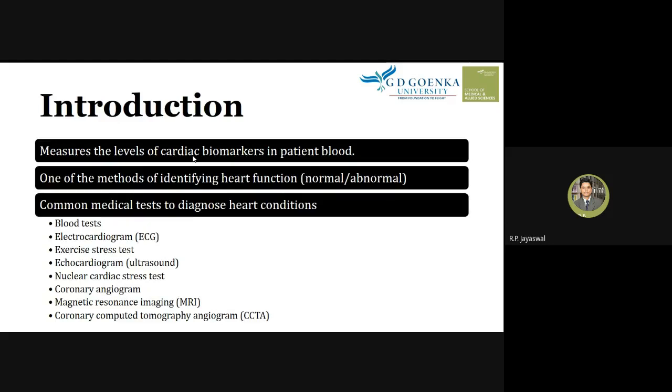So they are the series of medical tests which are available. And in the medical laboratory, basically in the pathology laboratory, we can do the blood test and perform some cardiac biomarker tests.